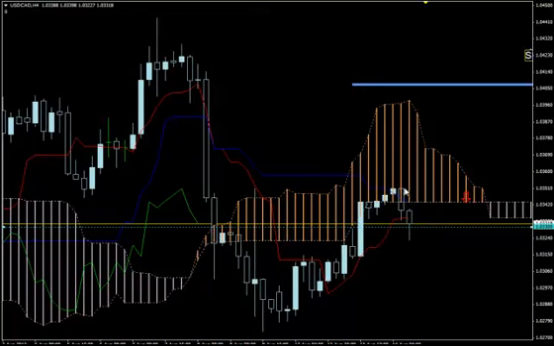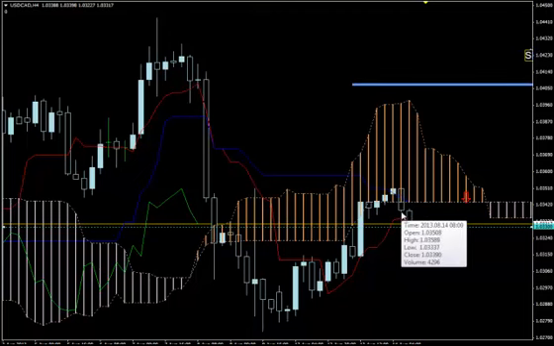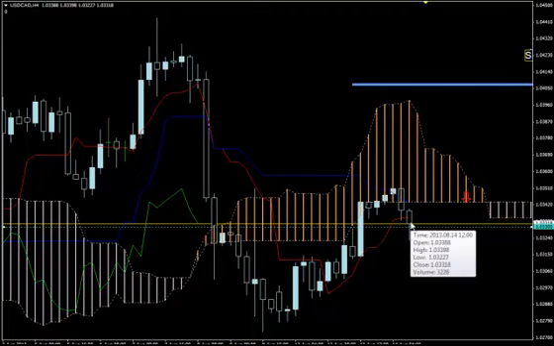Double top, common top on these two candlesticks, the bullish and the bearish one, and lower close. Okay, and right after that we have a bearish candlestick, big bearish move, bearish sentiment in the market.